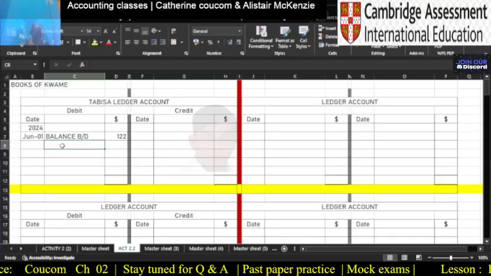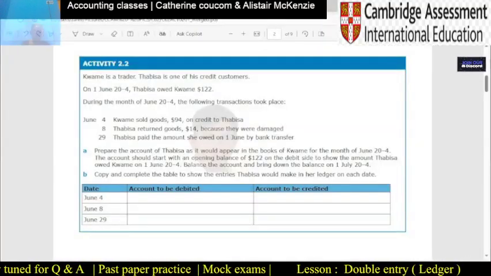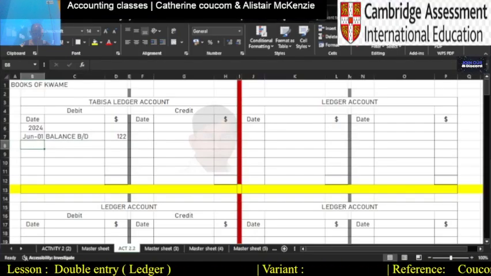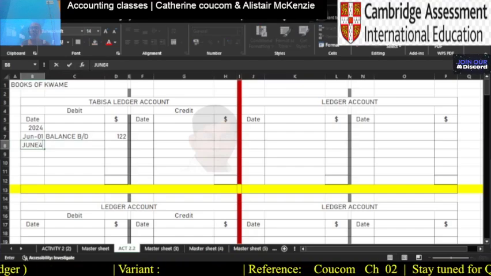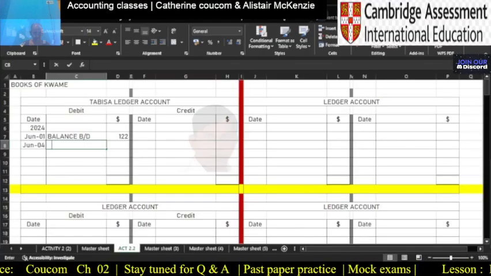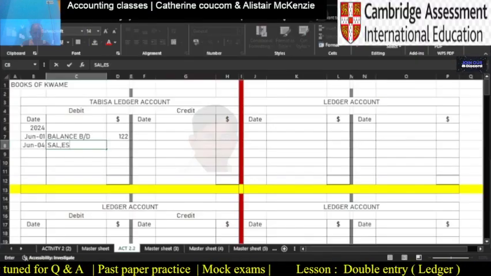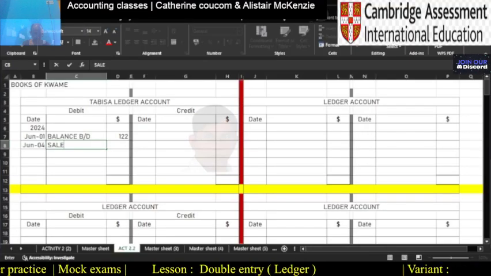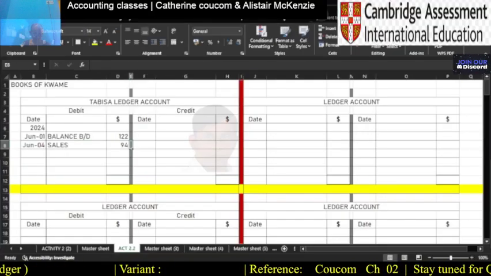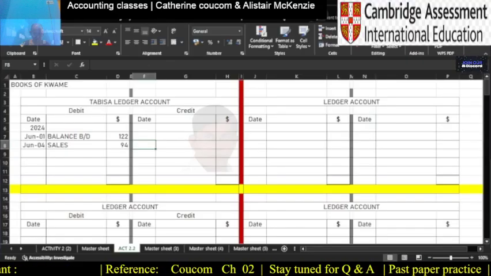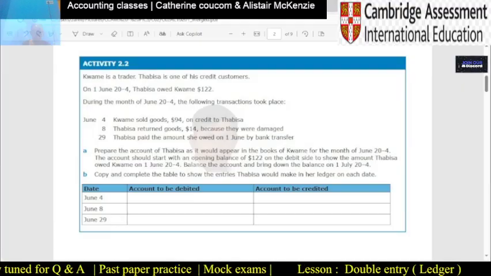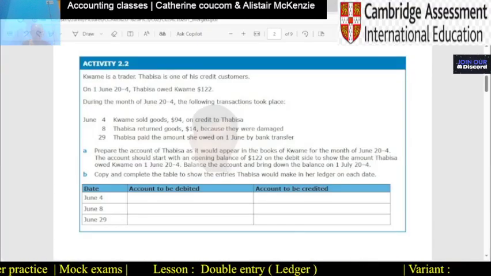What date? June 4th. And again, what has happened? June 4th, sold 94. June 8th, returned 14.